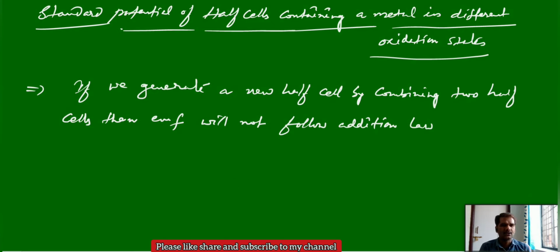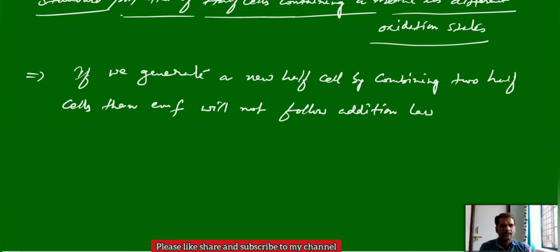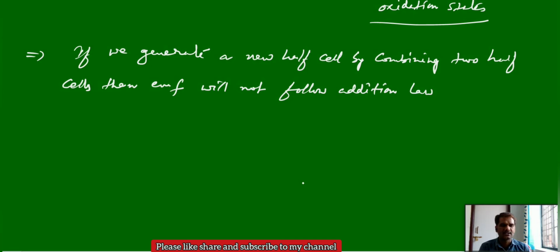When you combine 2 half cells to produce a third half cell, we cannot use this addition law. First we have to convert that into the Gibbs free energy, and then convert the Gibbs free energy again into the E cell values. That is, free energy versus E cell.